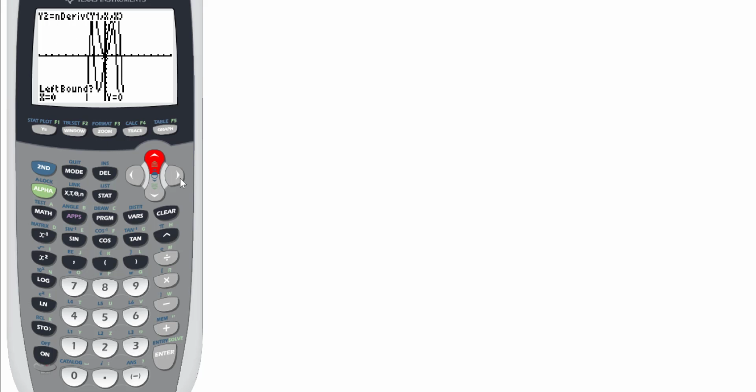You use the left and right arrows to move that cursor. See the cursor? It's moving, and I want to go to the left bound, on the left side before crossing the x-axis. So I'm going to hit enter, and then it says right bound. So I'm going to go to the right side.